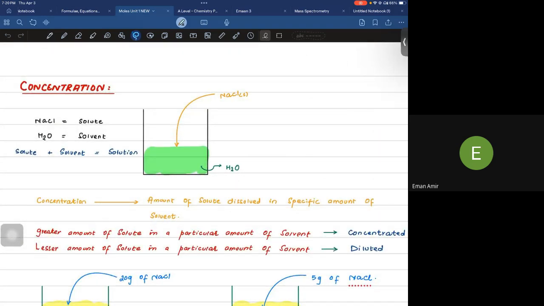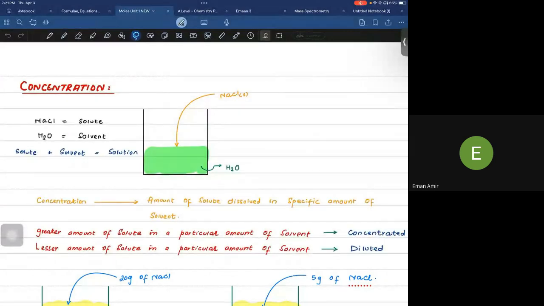In yesterday's class, I told you the simple and basic concepts of moles. I told you four formulae of moles. First one was mass upon Mr, then volume upon 24 decimeter cube for gases.